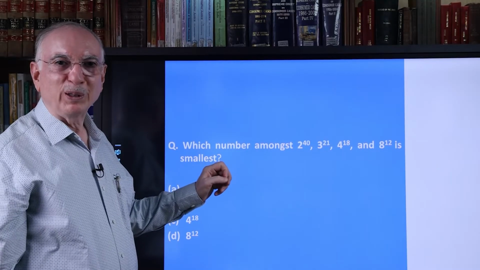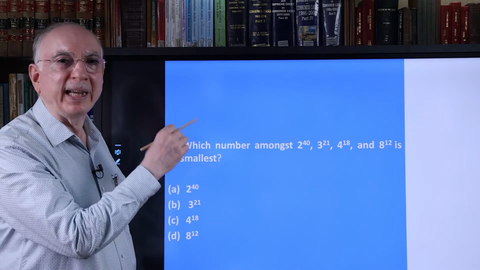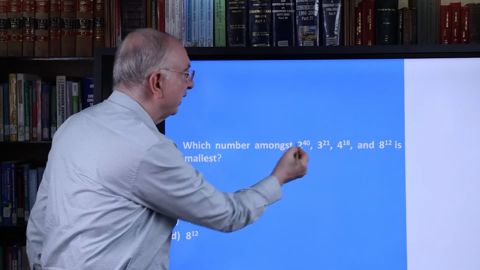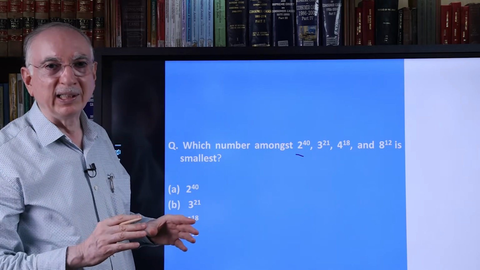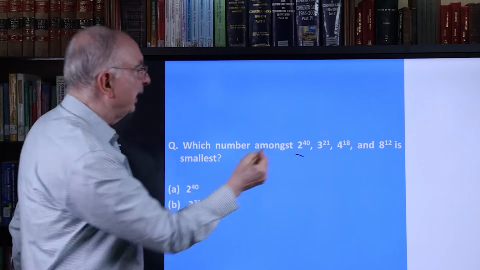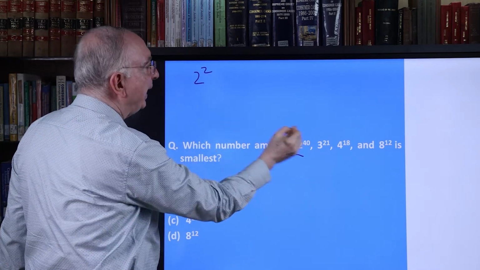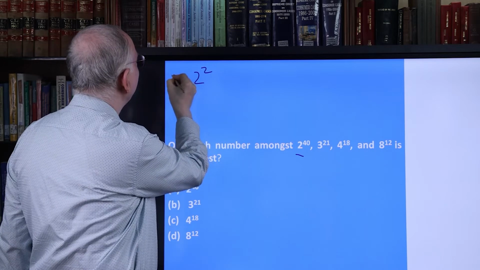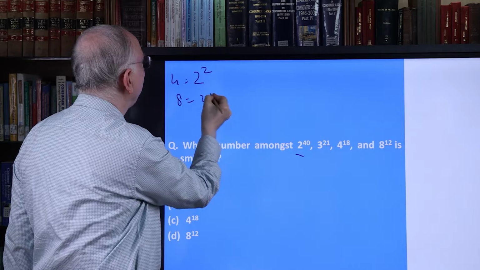This is a straightforward question, but candidates commit a mistake by actually calculating these numbers. If we start working out the value of these numbers, it will be very lengthy. The trick involved is this: 4 can be written as 2 to power 2, and 8 can be written as 2 to power 3.